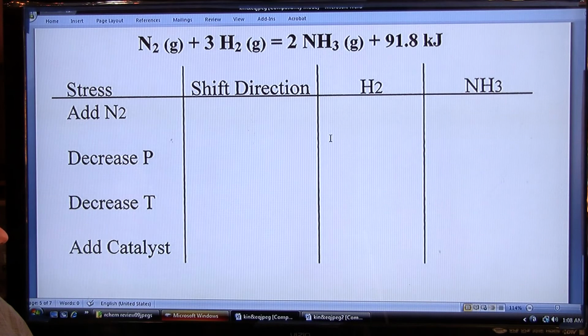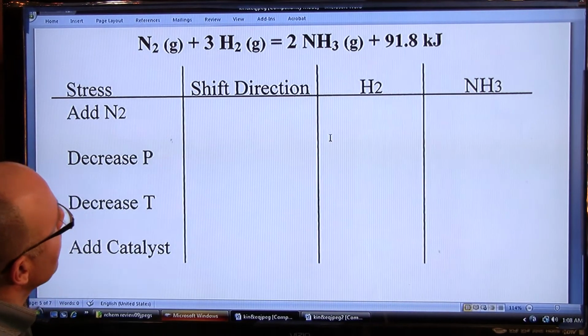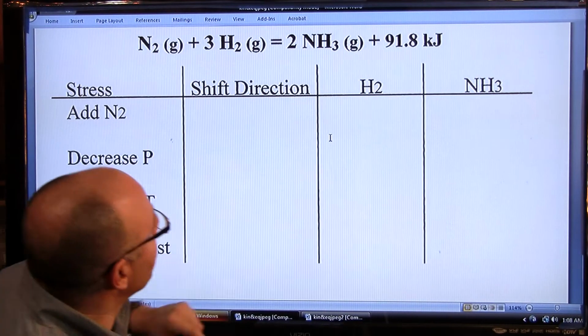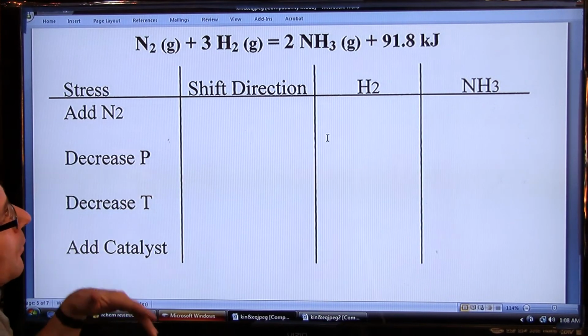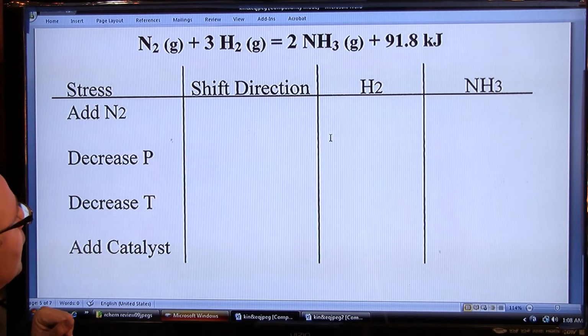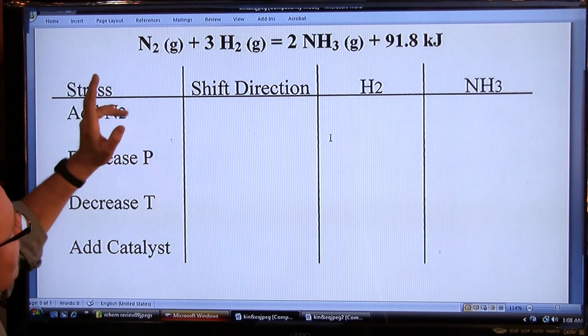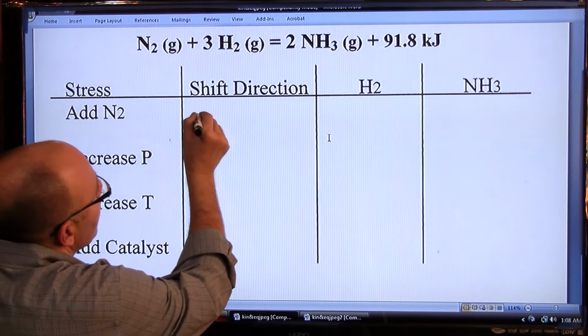So what we have here is the classic reversible reaction with nitrogen and hydrogen producing ammonia. Notice that there's heat being released, it's on the product side. Now we're told you're adding N2, or in other words, you're increasing the concentration of N2 in the system. Well, if you add N2, since the N2 is on the left, it will shift away from the N2.